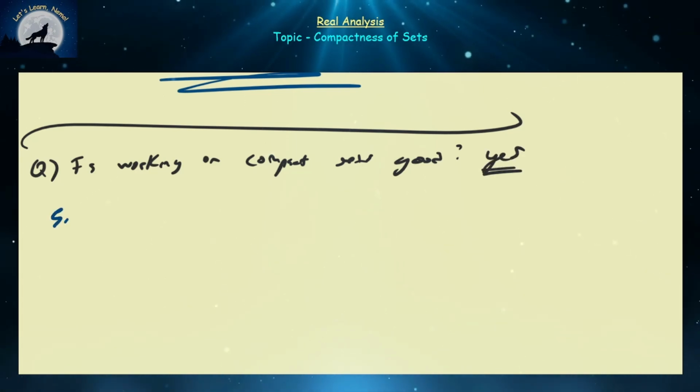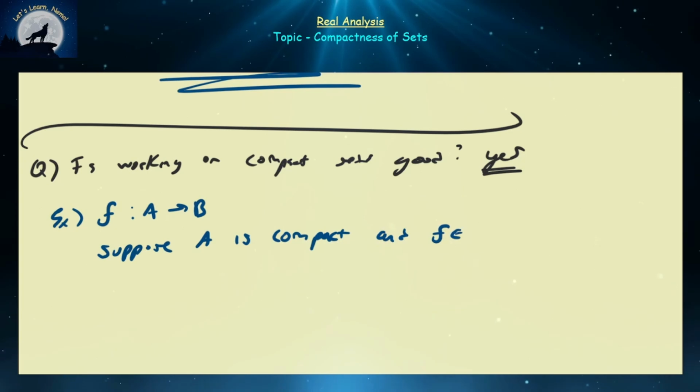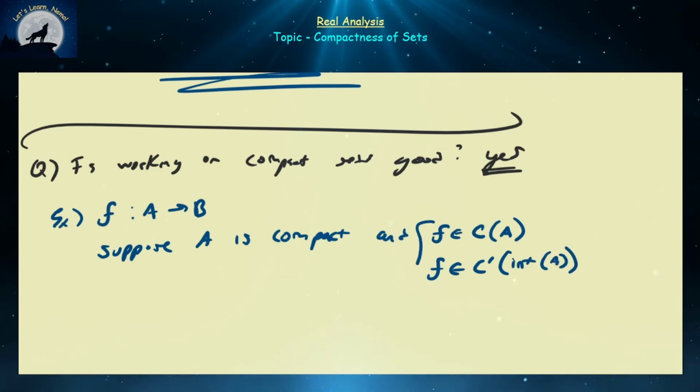So let's assume that we have a function f that maps, say, A to B. And let's suppose, for the sake of conversation, A is compact, meaning it's closed and bounded. And let's assume that f is continuous on A, all of it, including its boundary. And let's assume that f is differentiable on the interior of A.